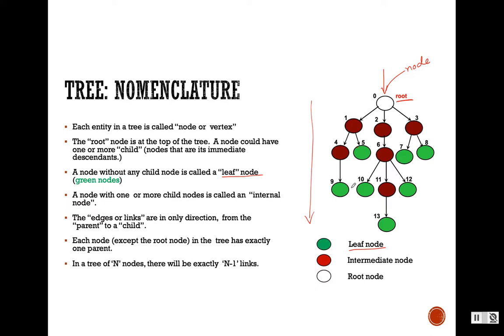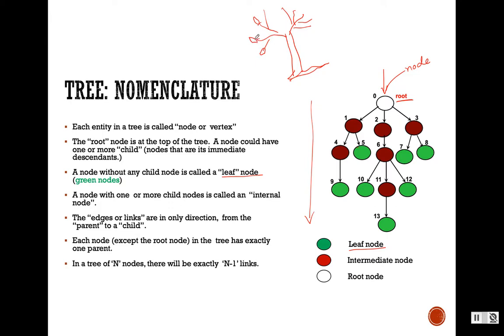Before that, just think about a tree. A tree looks like this. A tree has a root and branches, and one branch can have multiple branches. At the end of the branch we have some leaves.